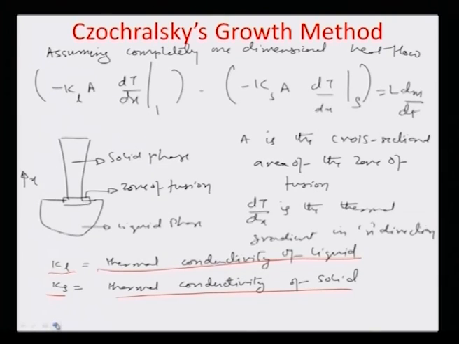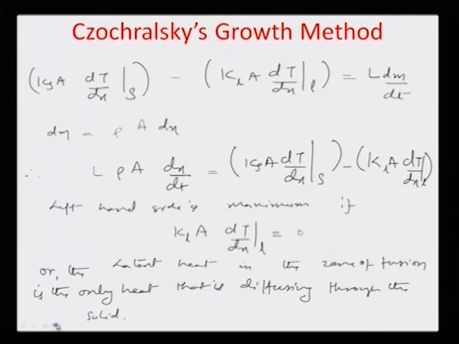Let us refine this equation a little more by assuming that rho is the density of the solid, and A, the area of the zone of fusion, is a constant, the interfacial area.